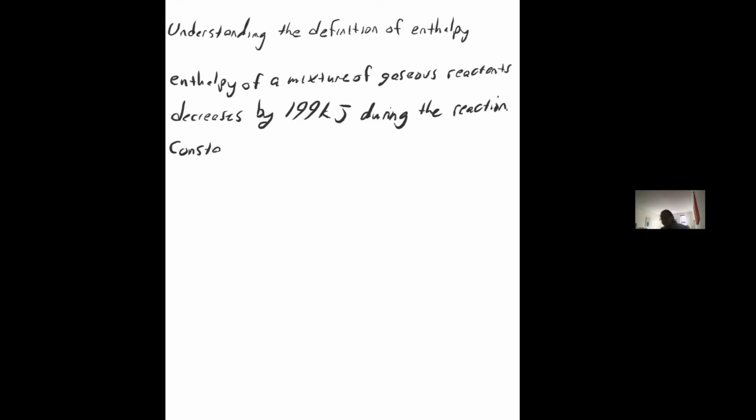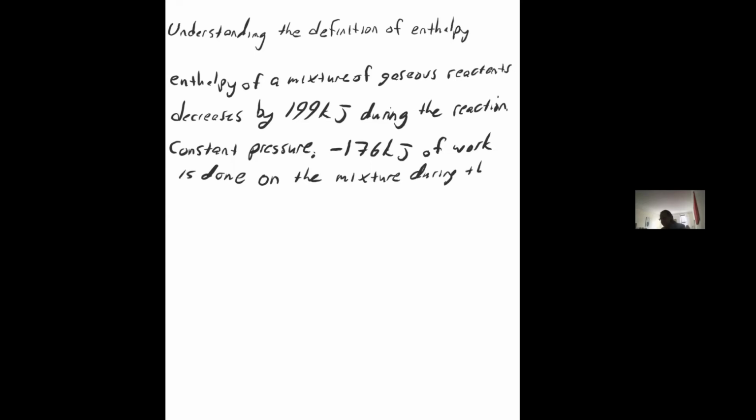That's important because if it's at constant pressure, all those little equations that we looked at are valid. Okay. Furthermore, careful monitoring of the volume change shows that negative 176 kilojoules of work is done on the mixture during the reaction.